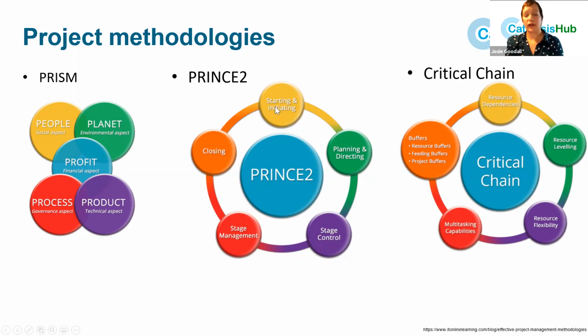So you start and initiate your project, you plan and direct your project. You then have stages of your project that you manage sequentially. So you would plan stage 1, you would execute stage 1, you would close stage 1, plan stage 2, execute stage 2, and then you close the entire project. And it has very defined roles and responsibilities within that methodology.